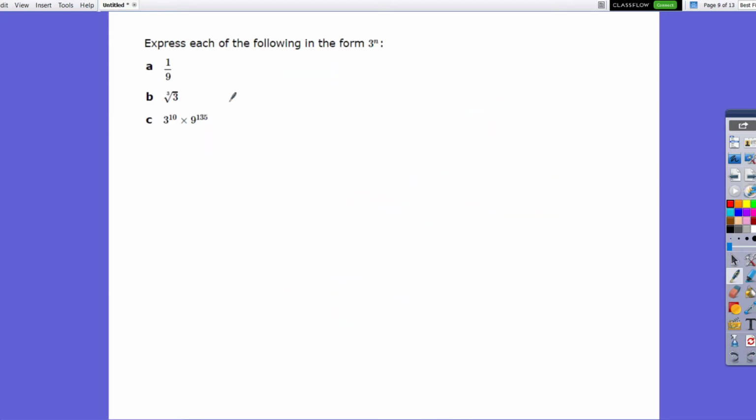Okay, some more indices questions. It goes, express each of these as a power of base 3, 3 to the power of something. So let's do first question A. 1 over 9 is the same as 1 over 3 squared, and if I want to bring the power to the top, that is the same as 3 to the power minus 2.